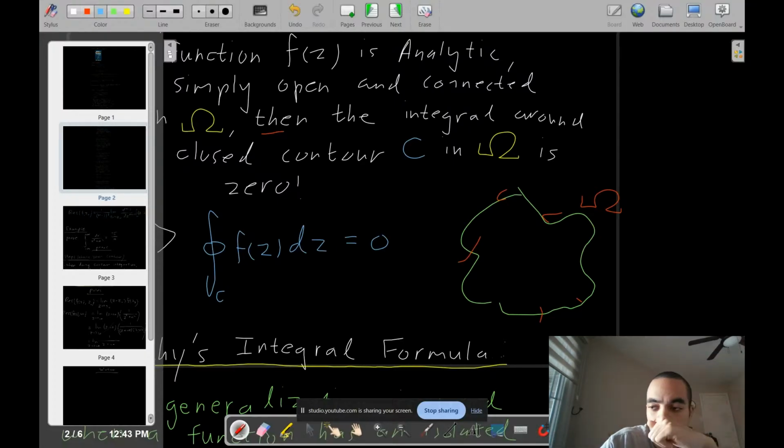I'm trying to think of a good contour. Maybe something like this, a common contour.